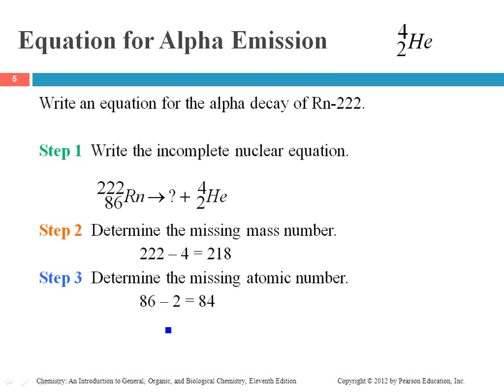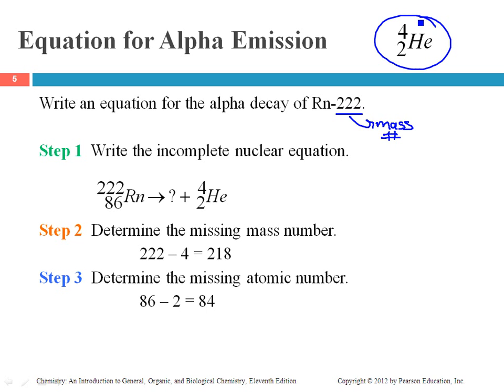Okay, the first question is, write the equation for the alpha decay of radon-222. So first we know we can write out radon-222. That is the mass, this is our mass number. We have to know that the alpha particle looks like the helium atom.